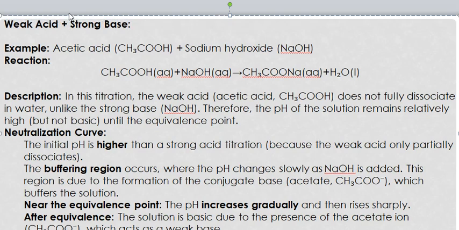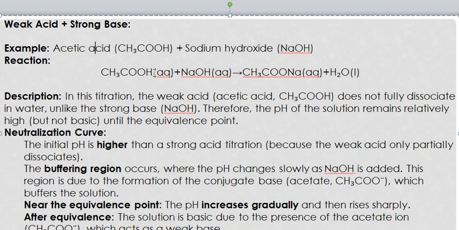The second one is weak acid and strong base. For example, let's say you have acetic acid and sodium hydroxide.